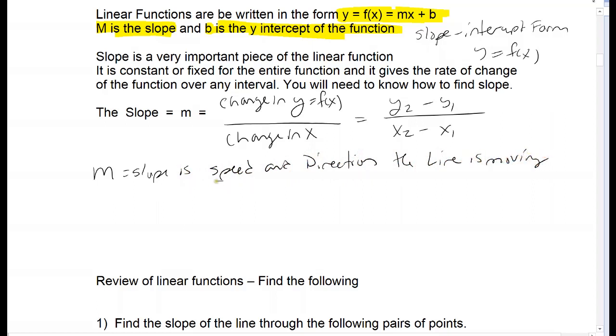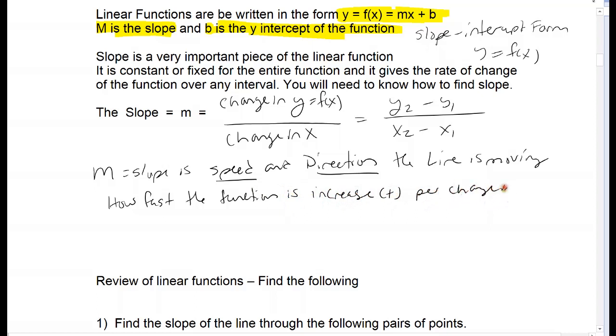The function is moving. Speed would be how big. Direction means positive or negative. So it's how fast the function is increasing if it's positive, per change in x.